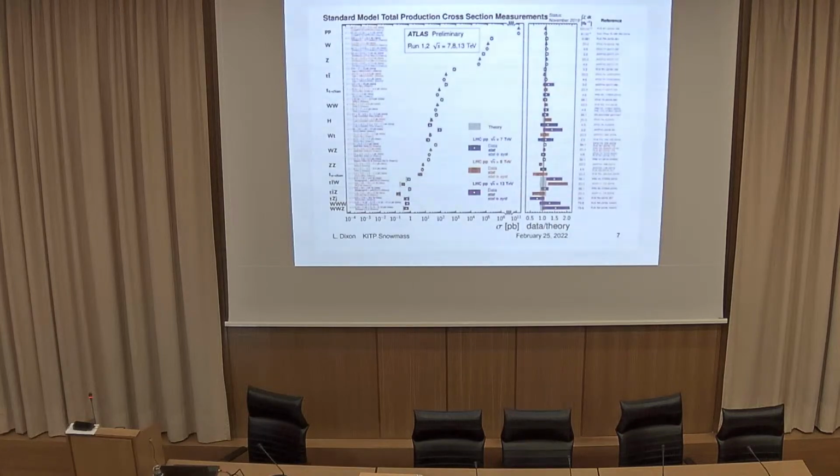And of course, the Standard Model has been tested to a very, very high precision at the LHC. But just to summarize, the takeaway message from this slide is this.